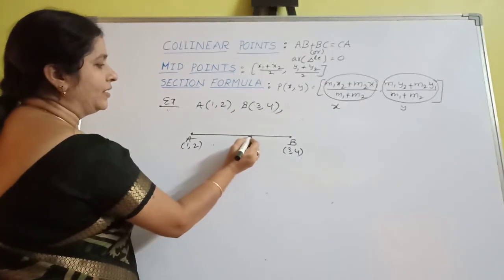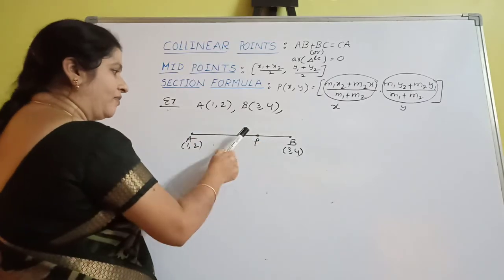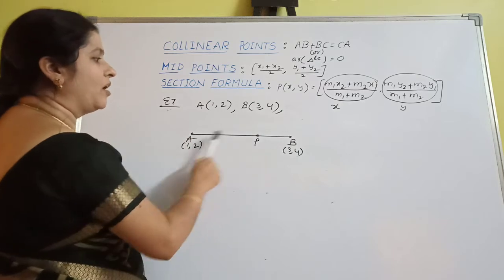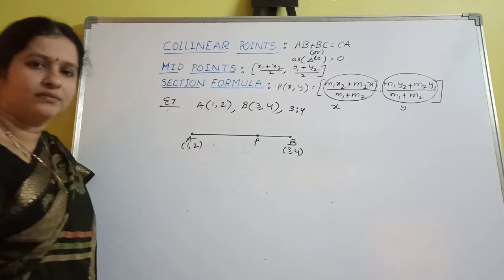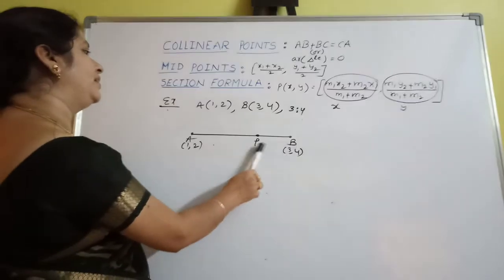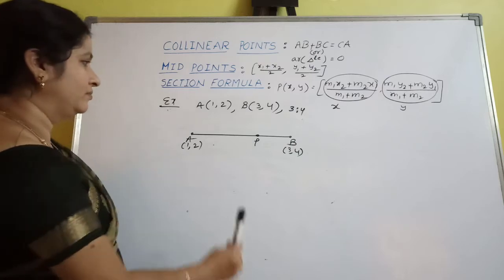Suppose here we are taking the point P. Find the point P dividing the line joining the points AB in the ratio 3:4. That is the question.